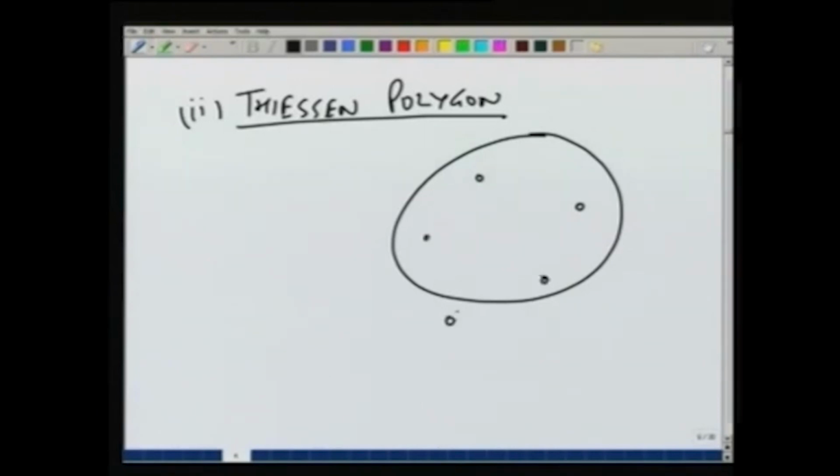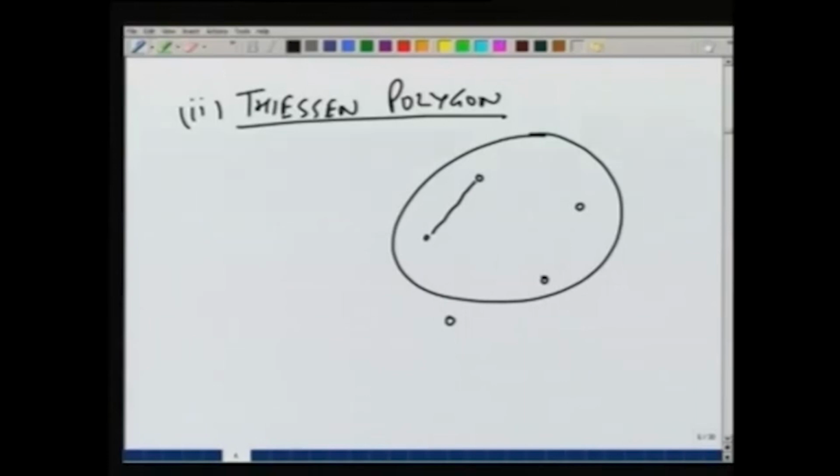And the rain gauge may even be out of the area, still we may give it some weight. In the Thiessen polygon, we join the stations by these lines and then we take the perpendicular bisector of these lines.